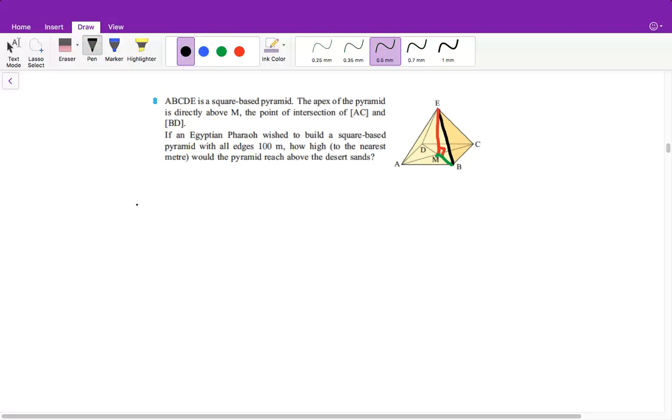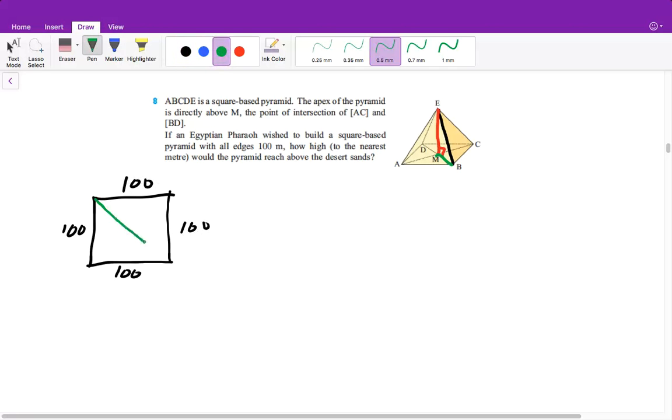Well, if we look at the base flat, so I'm taking the base and we're only looking at the base, we're removing everything above it. Because I know that all of these are 100, I can then solve for the distance from this corner to this corner. And then if I take half of it, that will be this distance here because this point is directly in the middle of our base.